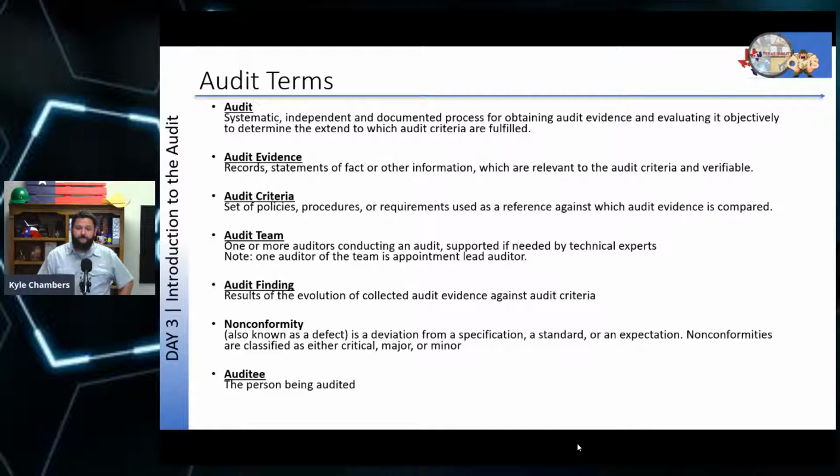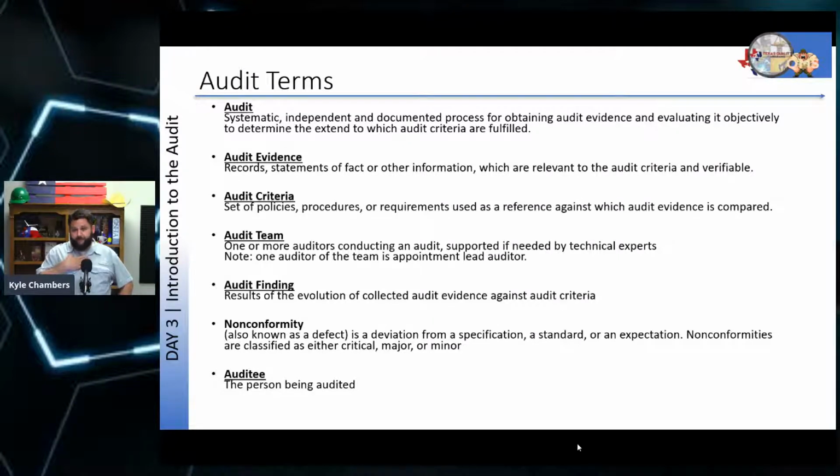Now, while we're on the term of lead auditor, this is kind of a sticky term. Lead auditor can mean a lot of things to a lot of folks. So you want to make sure that your organization defines what lead auditor is and what the requirements for it are. Typically speaking, and this is one of my personal criteria for defining a lead auditor, is it someone who has achieved an auditor certification?